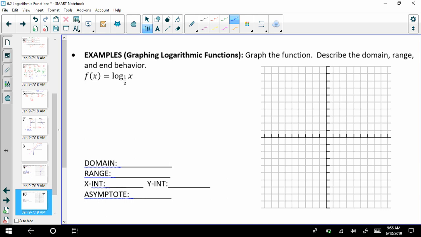Well, is this decay or growth? Since my base is smaller than 1, I know this is going to end up looking like a decay graph. Since there aren't any transformations on this, I know I'm still going to be having a vertical asymptote through x equals 0. My x-intercept will always be 1 to the right of it. Kind of like last time, the y-intercept was always 1 above.